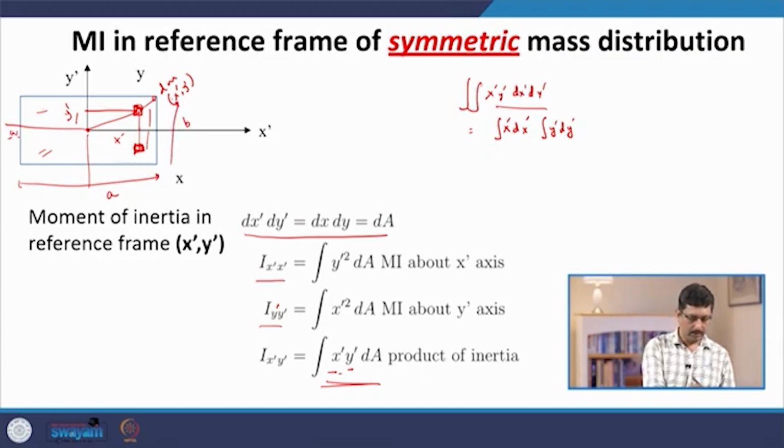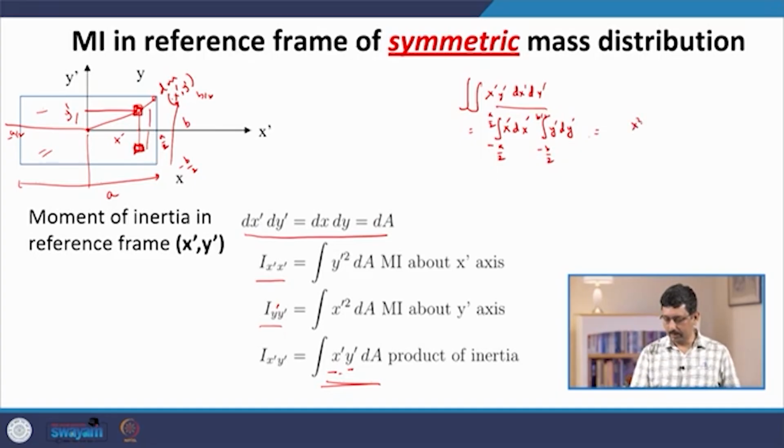So, x varies from minus a by 2 to plus a by 2 and y varies from minus b by 2 to plus b by 2. So, this gives me x squared by 2 from minus a by 2 to a by 2 times y squared by 2 from minus b by 2 to b by 2, and this is 0 times 0, which is 0.